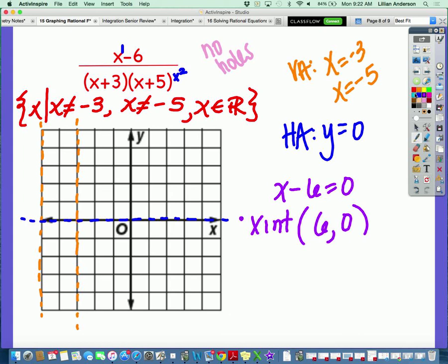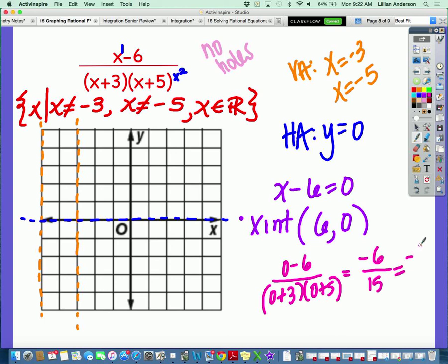Lastly, my y-intercept. Plug in 0. So I have a negative 6 on the top, and what's 3 times 5?